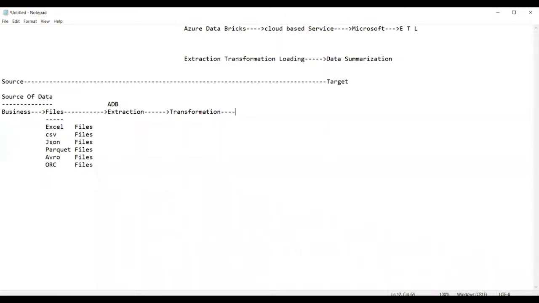Once the transformation is done, the process of loading takes place. Loading means the final data will be transferred to the destination, which is called the target, or we can say destination.